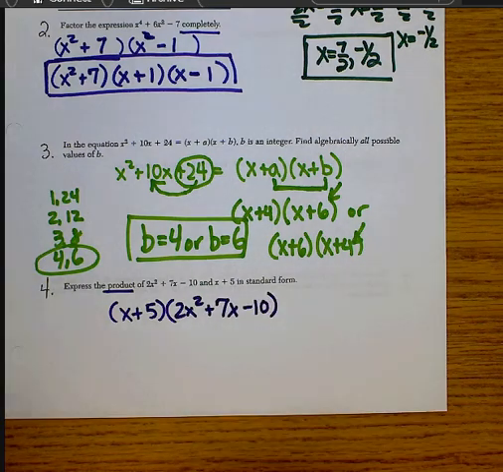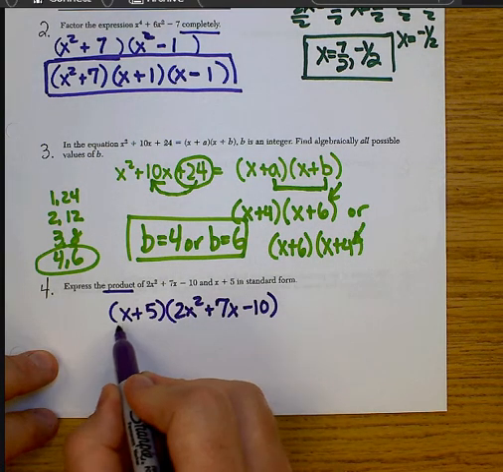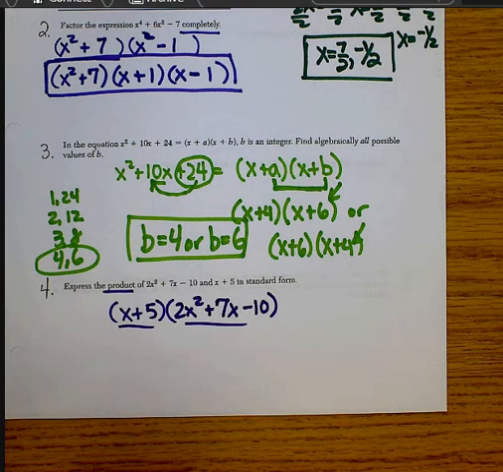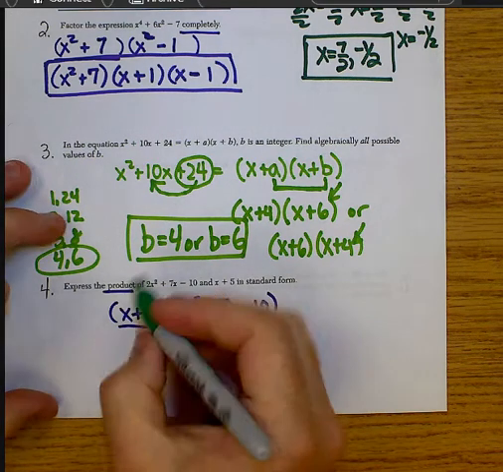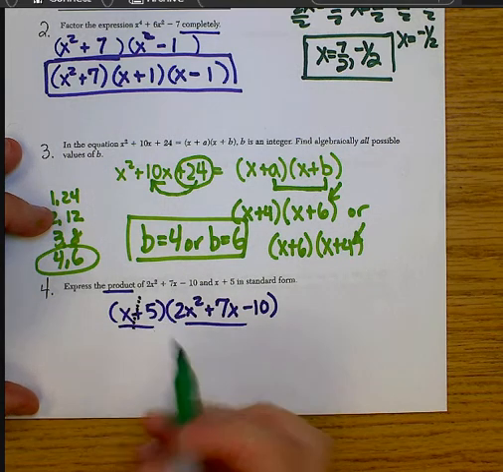And if you remember, how we do this is we take a look at one of the polynomials. So here's a polynomial and here's a polynomial. And what we're going to do is try to take one of those polynomials and break it up into its pieces. So I'm going to take the first polynomial and break it up into its two pieces. Its two pieces are x and 5.